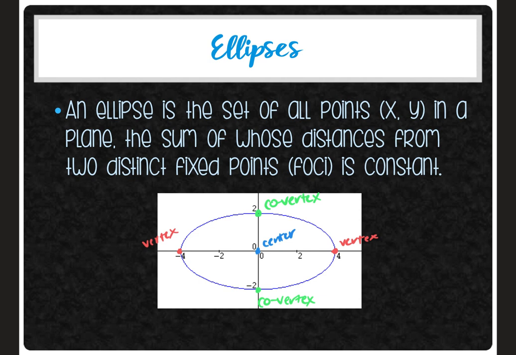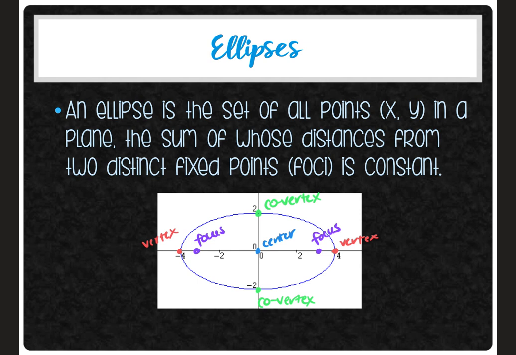And then you have two foci; an individual one is called a focus, and the plural is called foci. And those lie on the same axis as your vertices.